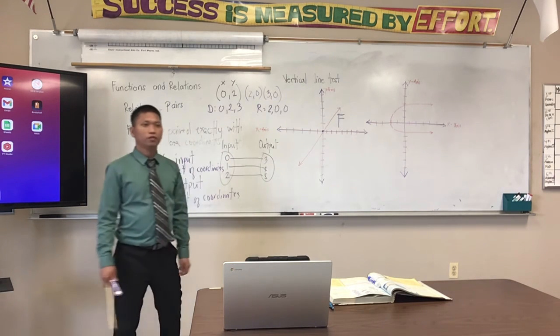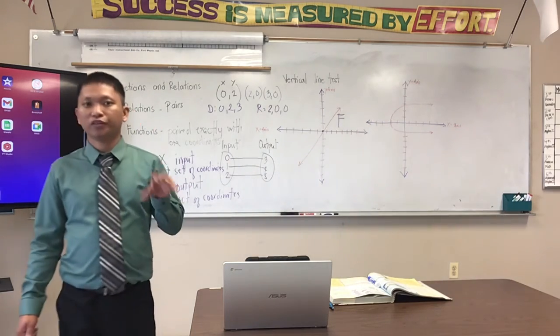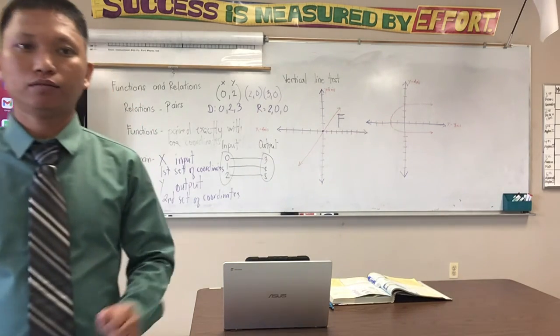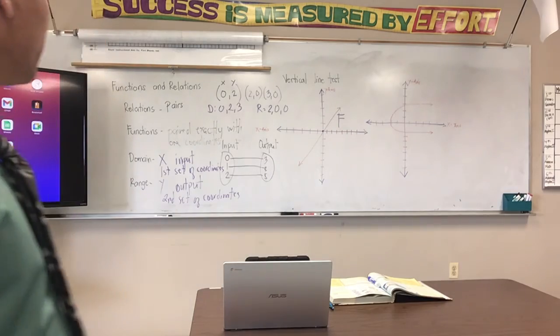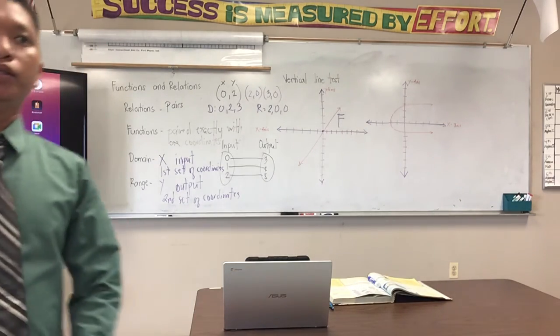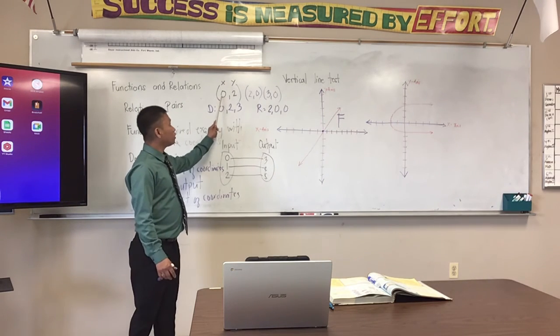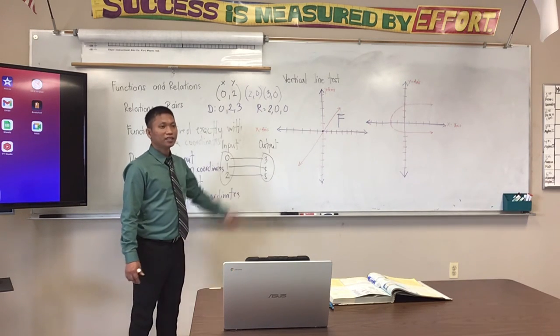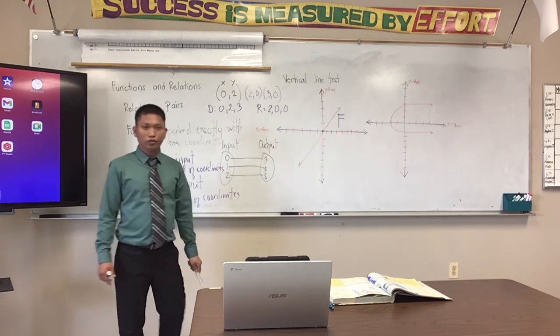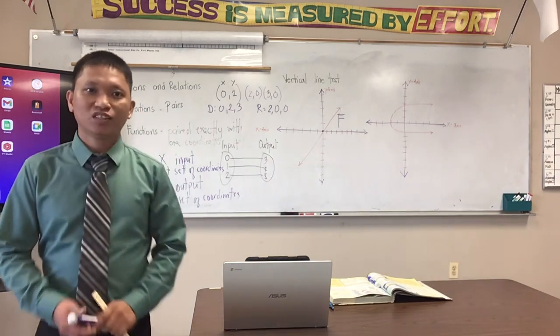And when you say relation, there is a pair for that. So using ordered pairs, the first element would be our domain, and the second element would be our range. And that's all for today.